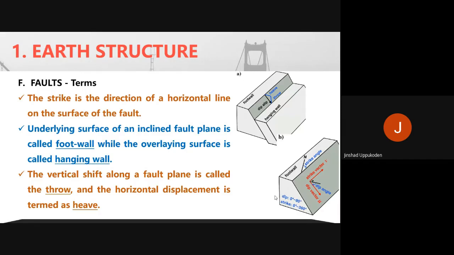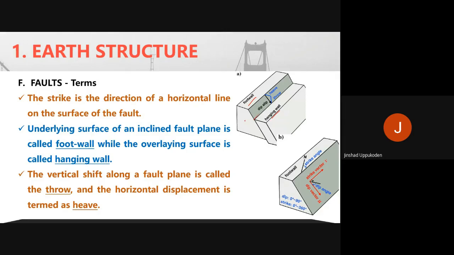One is the strike. Strike is actually the direction of the horizontal line on the surface of the fault. You see in this figure here, you have an area of strike, out of which one wall is called the foot wall and the other wall is called the hanging wall.